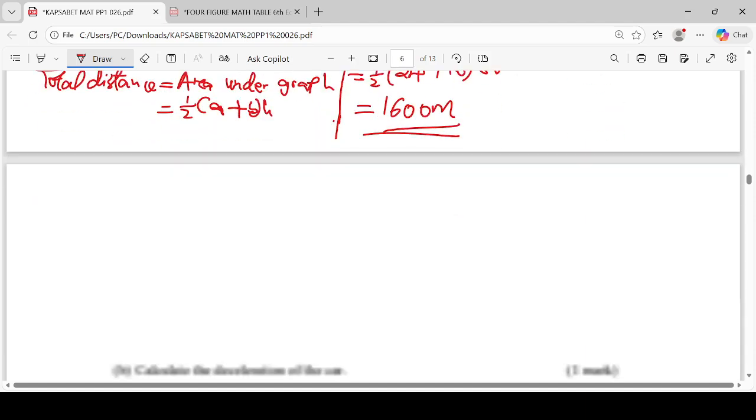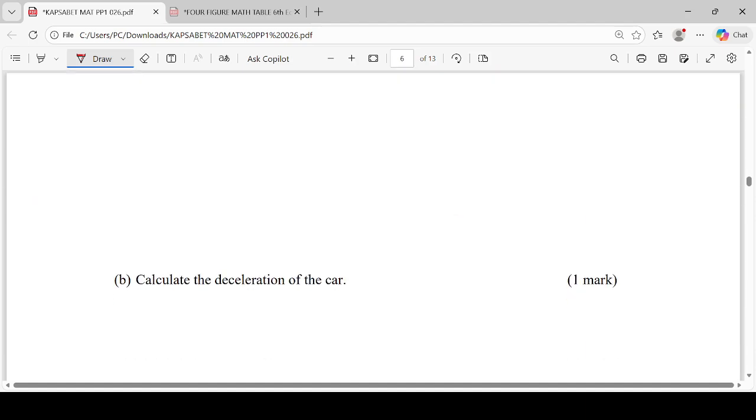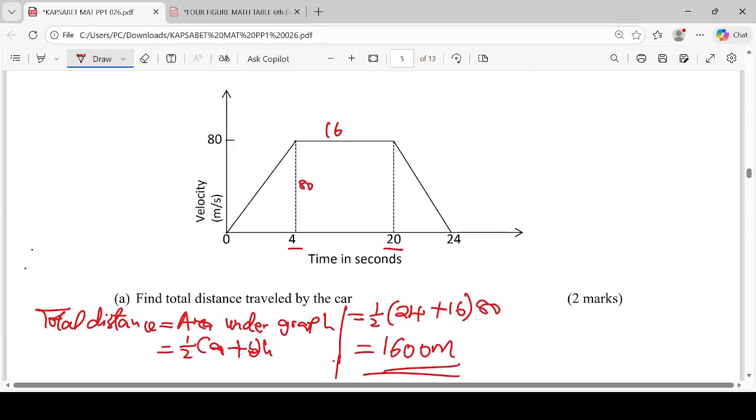2 marks. Part B, the deceleration of the car. When you talk about the deceleration, in which phase was the car decelerating? At this region here, that's when the car was decelerating.